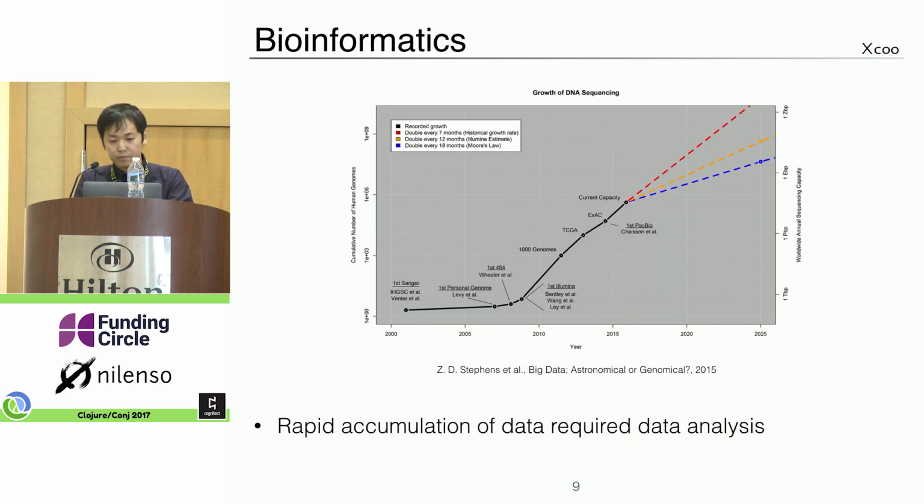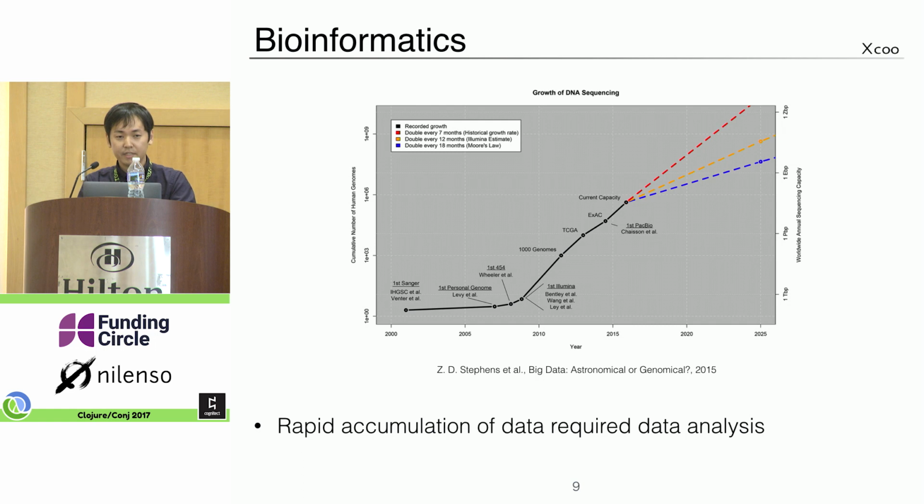This chart shows past and future accumulation of genomic data. The yellow line is Illumina's estimation. Illumina is one of the biggest biotechnology companies. From this chart, you can understand that genome data is rapidly accumulating, and the post-process of sequencing is a serious issue. Such post-process is in the bioinformatics field.